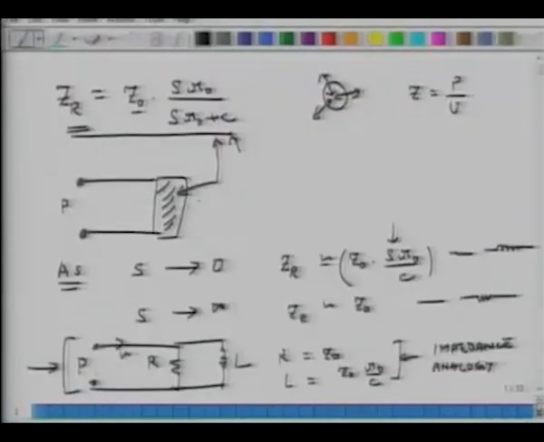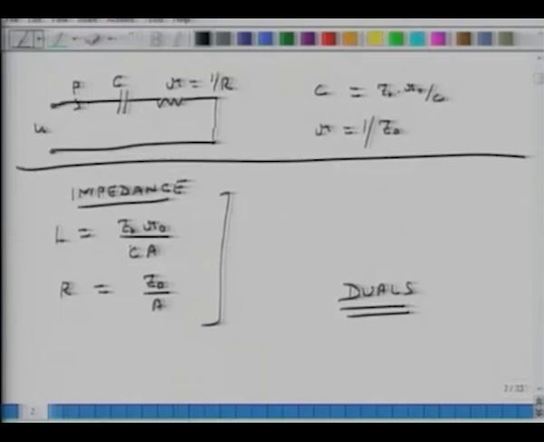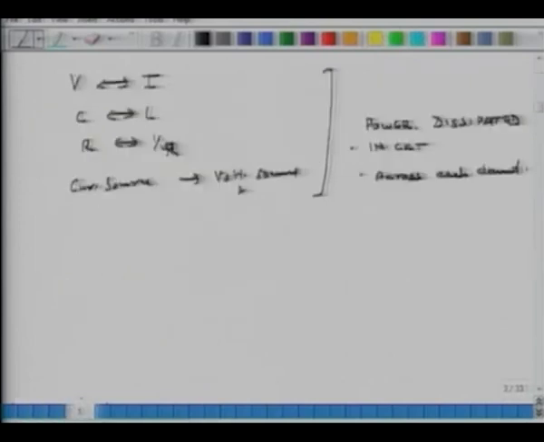For that reason we transformed this particular network. When we moved to the mobility model, R became 1 over R, L became C, but because they were in parallel, they went into series. That is the context I wanted to introduce: for very sound engineering reasons, you go from parallel to series and so on.